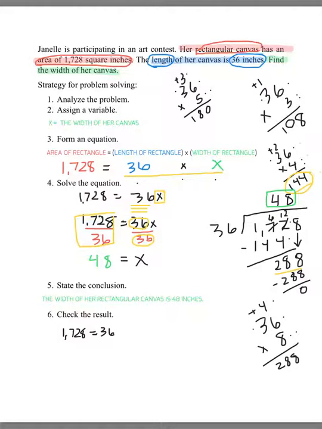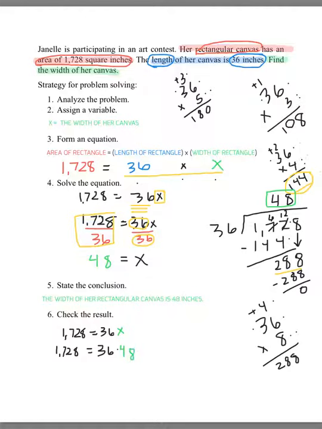I'm going to go ahead and make that in green because that's the color we were working with. However, now we know what x is equal to. We know x is equal to 48. So I'm going to go ahead and substitute that in. Everything else is going to remain exactly the same. So 1,728 is equal to 36. But now x is equal to 48.